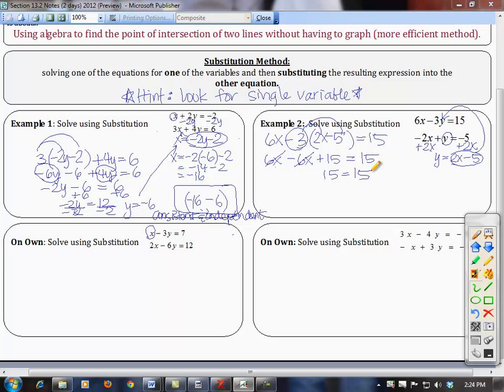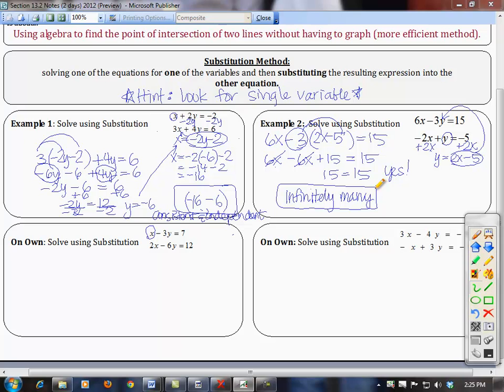Now this is not an answer we're used to seeing. But if I look at that, is it true? Does 15 equal 15? If you're answering yes, then our answer for number of solutions is infinitely many. Because what that means is that no matter what x is, I can pick any number I want for x.